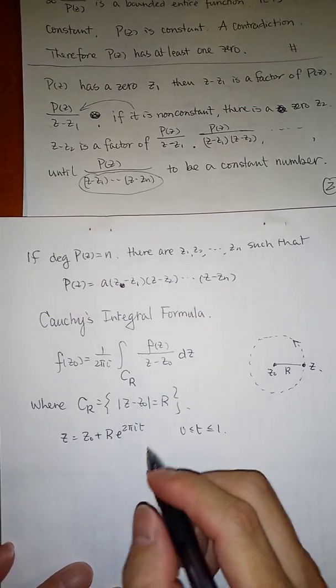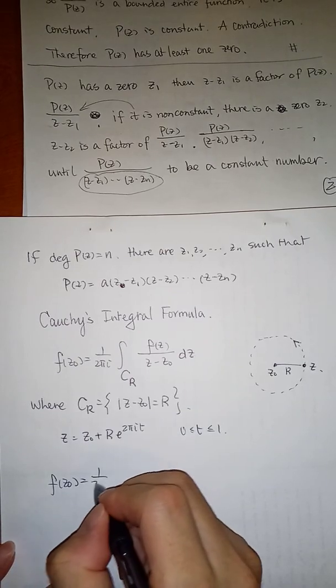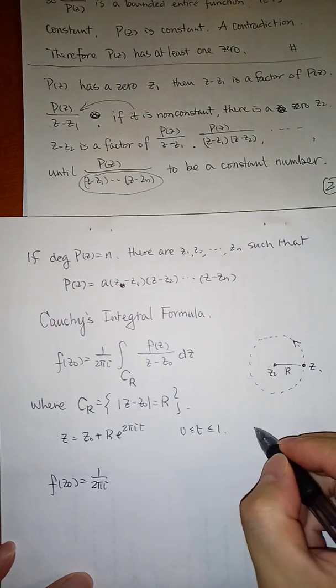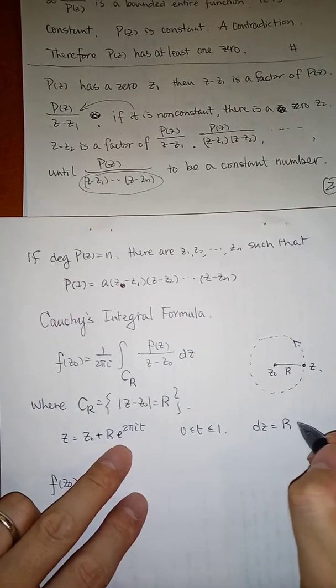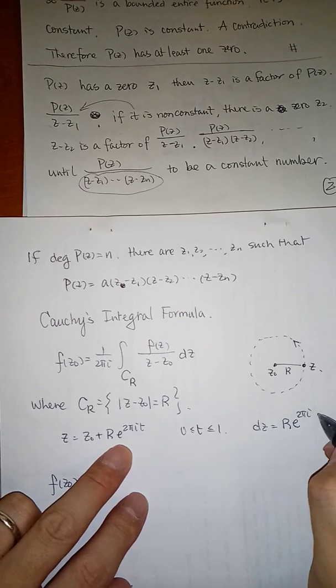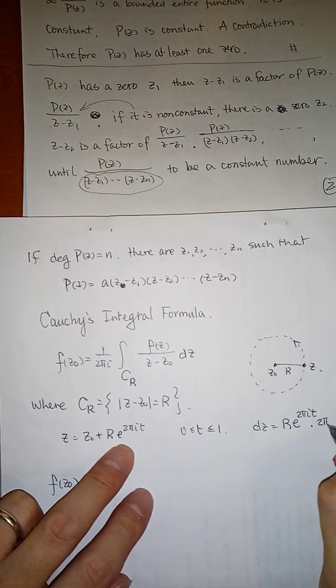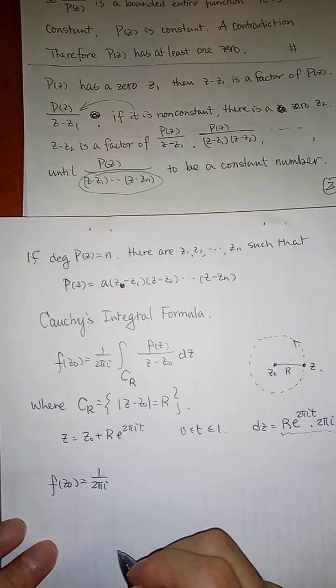With this parametrization we can do substitution. We will see that f of z0 is 1 over 2 pi i times the integral from 0 to 1, where dz becomes r e^(2 pi i t) times 2 pi i dt. dz is the derivative times the differential.